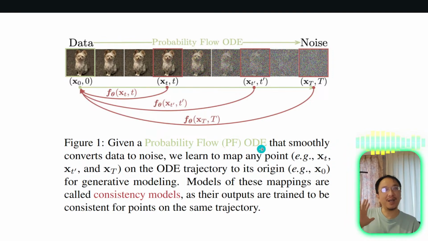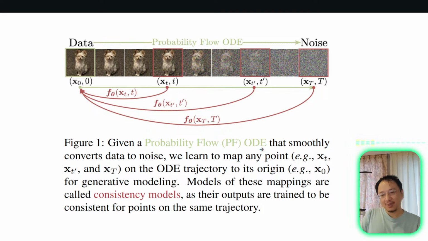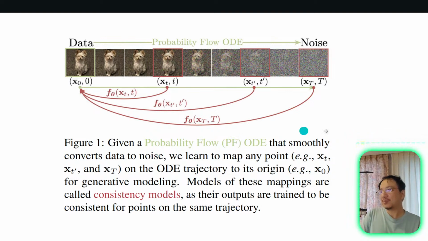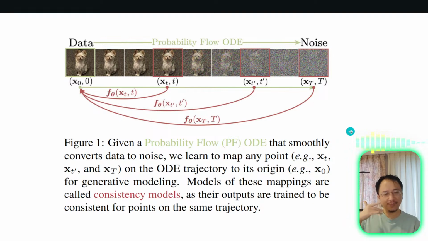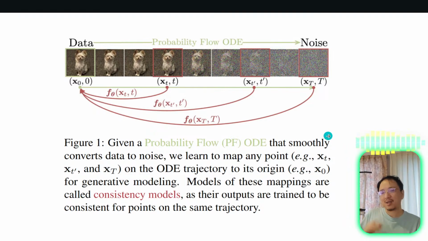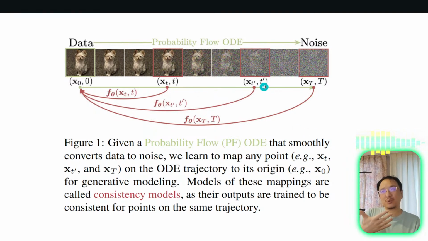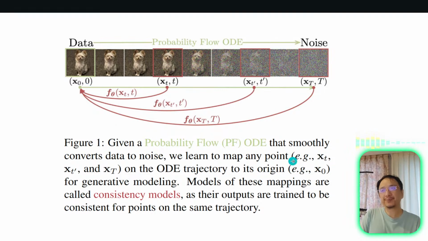I don't think it uses any particular result or theorem for ODE. It doesn't use that much. After thinking a while, I think it uses some of them, but they are just a small part of the paper. In the majority of the paper, it's just a diffusion model, but you go all the way back to the origin. That's it.